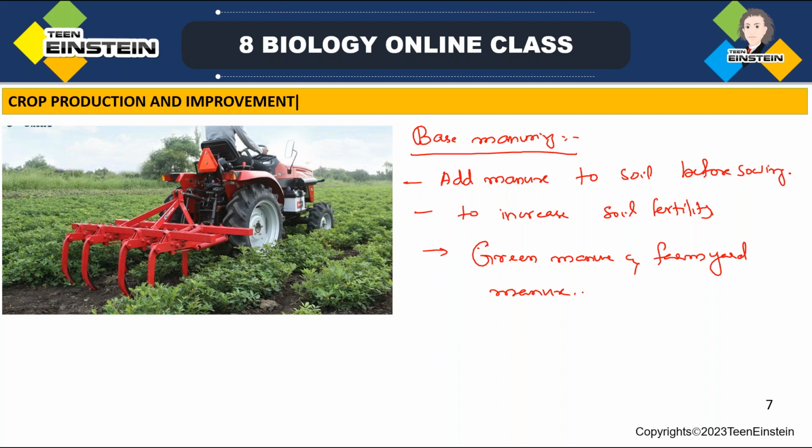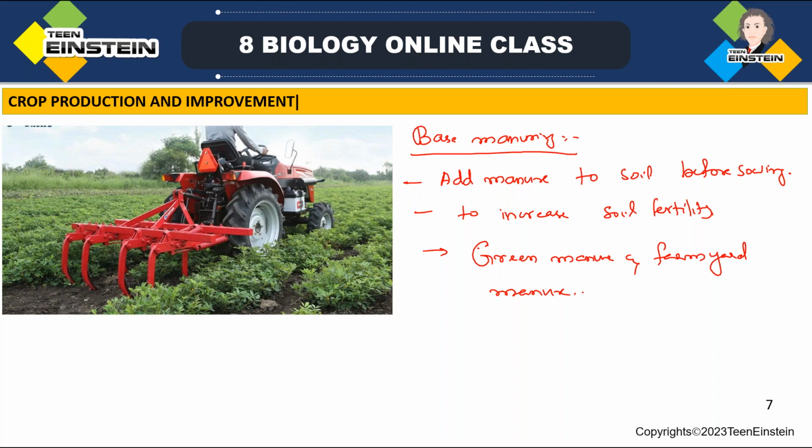Now the soil is ready. Soil preparation is very important. First we need to find out which crop is suitable for that particular soil. According to the soil properties and condition, we need to select a crop. And among that crop, we need to find out the best variety or high yielding variety, and that should match the climatic condition also.